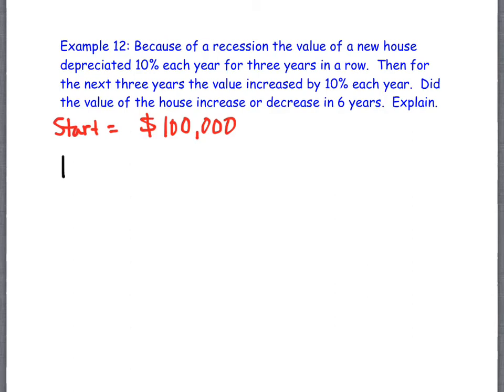So after the first year, we're going to have that same $100,000 times only 0.9. It's only worth 90% of what it was the previous year. What would that be for this value of our house? $90,000.